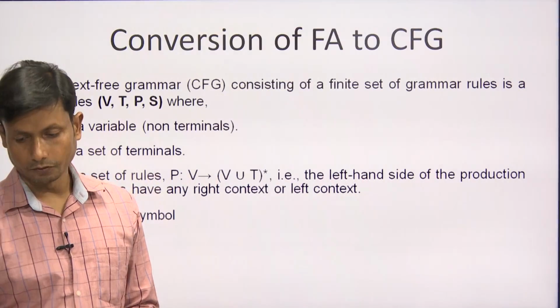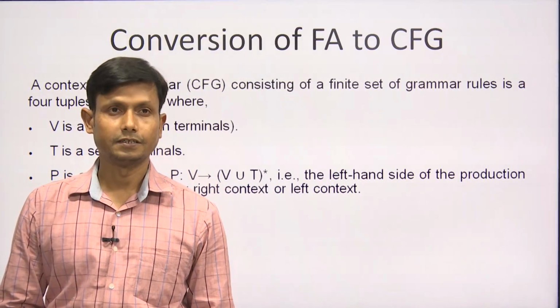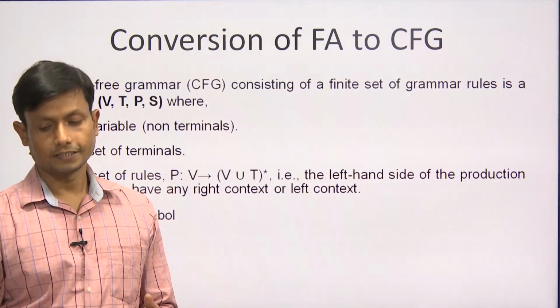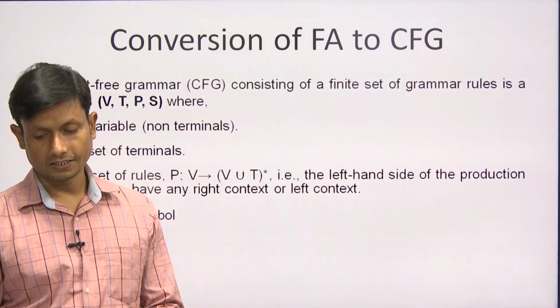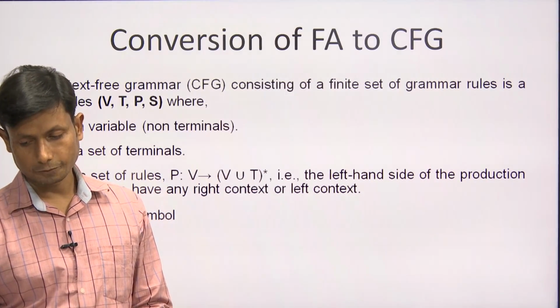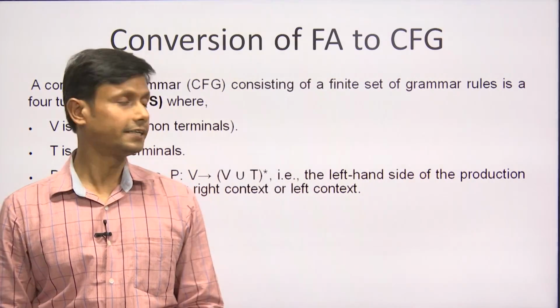So, already we know that a context free grammar has 4 tuples, that is V, T, P, S. V is the set of variables, T is the set of terminals, and P is the set of productions. The production of a context free grammar is from V to (V union T) star.